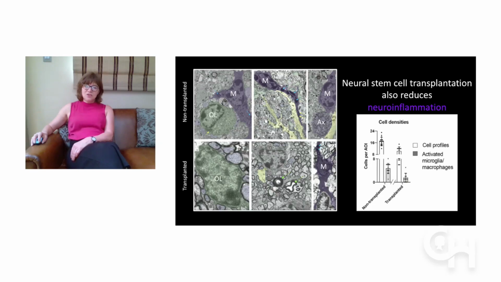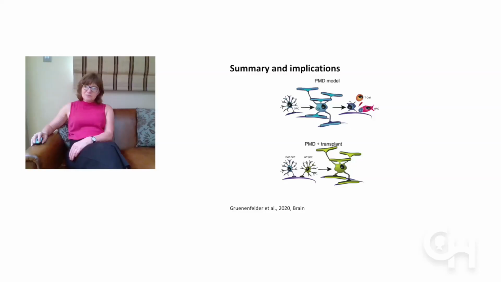So finally, just to summarise all that, in the PMD model and in patients, oligodendrocyte precursor cells can produce myelin, but that myelin is somewhat unstable, it gradually degrades, and cells of the immune system enter the central nervous system, producing inflammatory factors and contributing to damage.